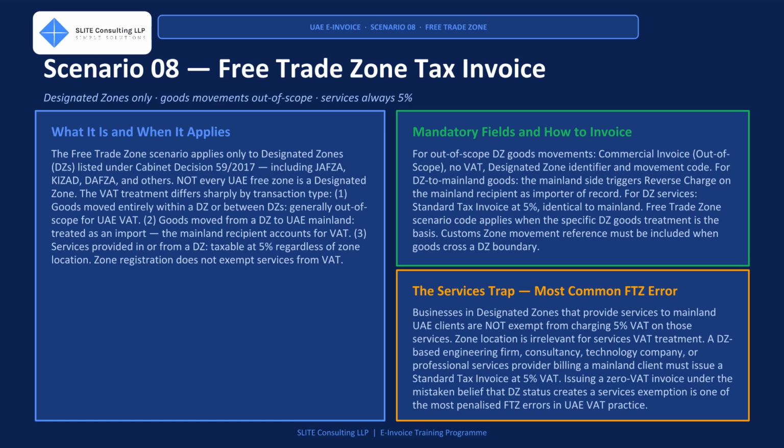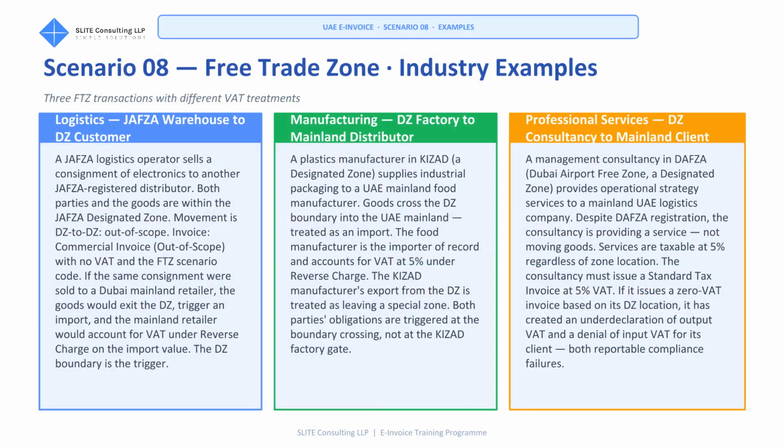Businesses in designated zones providing services to mainland clients are not exempt from charging 5% VAT. Zone location is irrelevant for services. Issuing a zero VAT invoice based on DZ status creates an underdeclaration of output VAT and denies the client's input VAT recovery. Examples next. 3 FTZ transactions with 3 different VAT treatments.